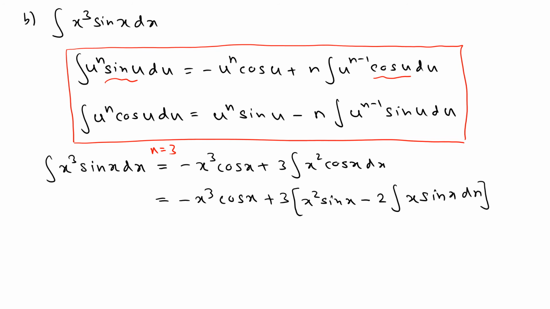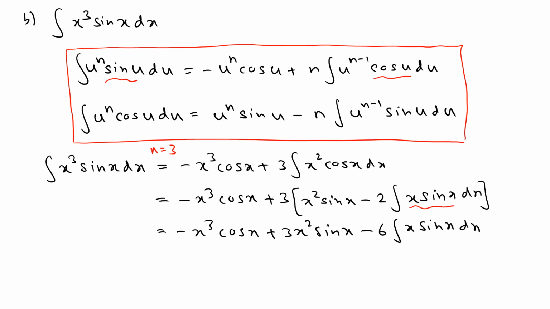This one is just an integration by parts problem, or you can use a formula for this one, because we try to use formulas. Let me simplify this a little bit first. It's negative x cubed cosine x plus 3x squared sine x minus 6 times the integral of x sine x dx.